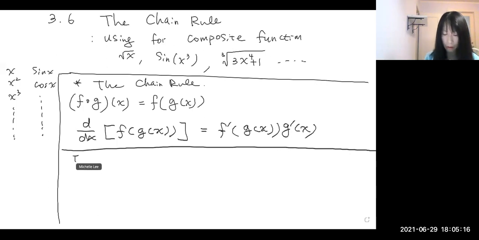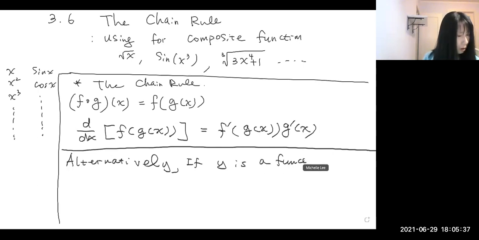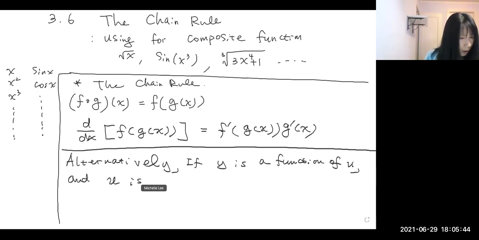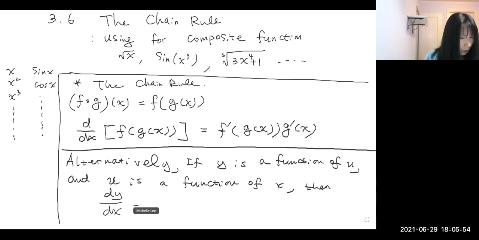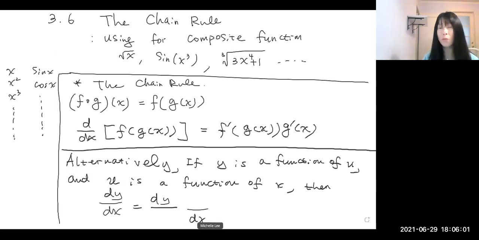In other words, we have another notation. Let me write down, alternatively, if y is a function of u and u is a function of x, then dy over dx equals dy over du times du over dx.